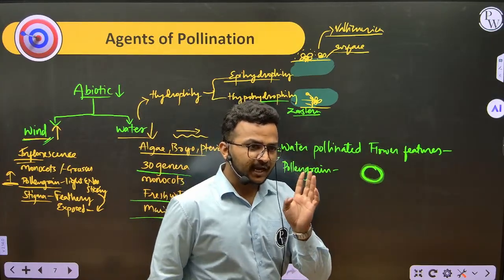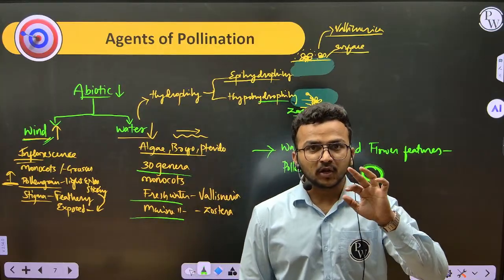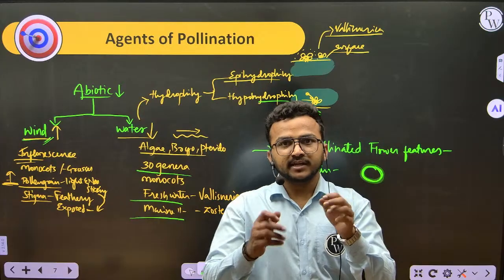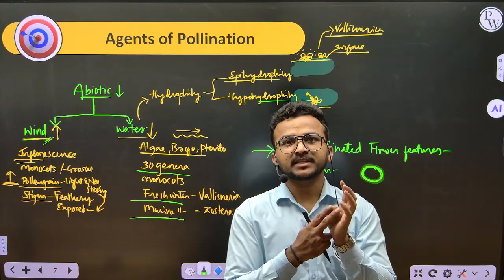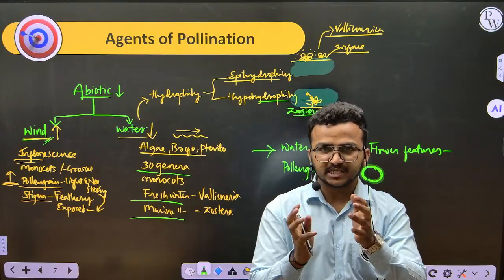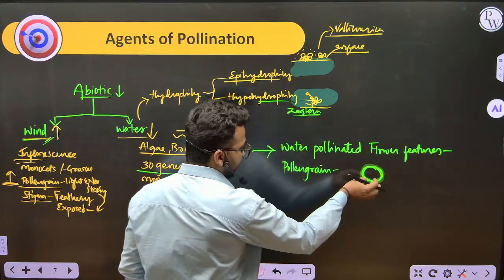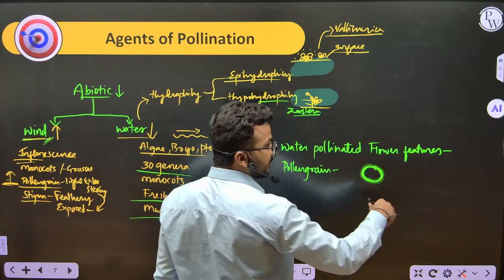We know that for pollen germination, the pollen grain has to get moisture, humidity, and temperature, so that the pollen grain germinates. If we are providing moisture to that, it will germinate, no?